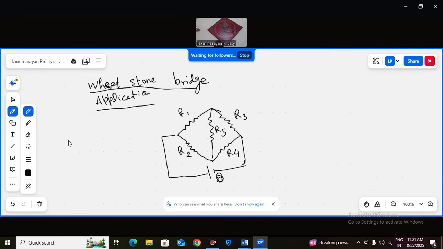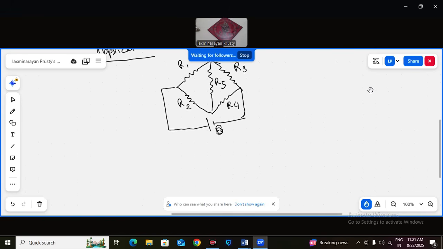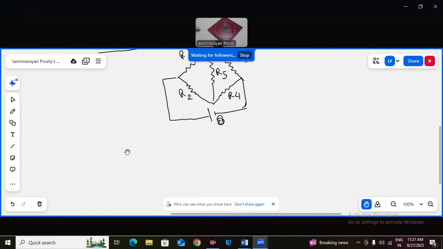Okay. So there is also something called a balanced Wheatstone bridge. What is a balanced Wheatstone bridge?